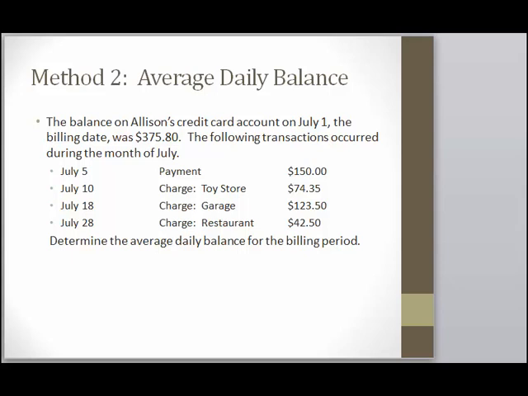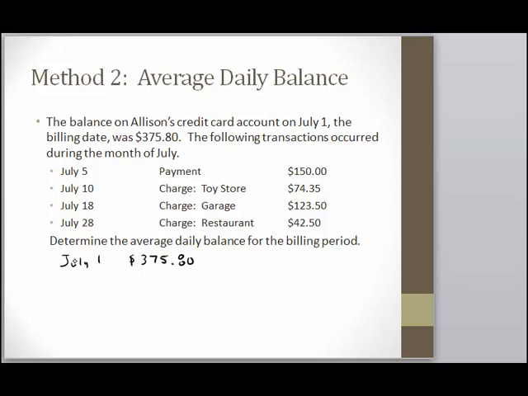Part A of the problem is asking us to determine the average daily balance for the billing period. So what we need to do is find the balance that's due for each transaction date. We know that on July 1st, her balance was $375.80.